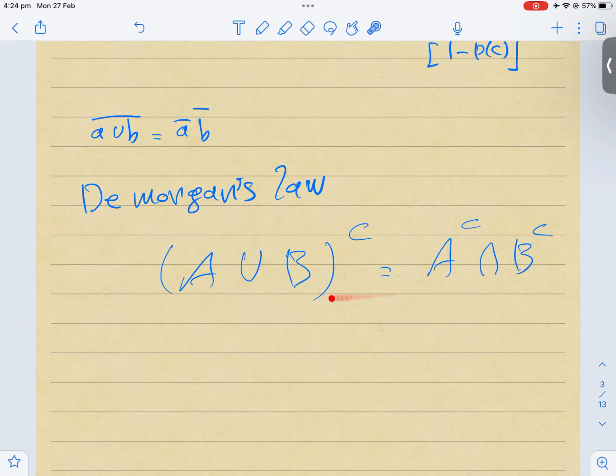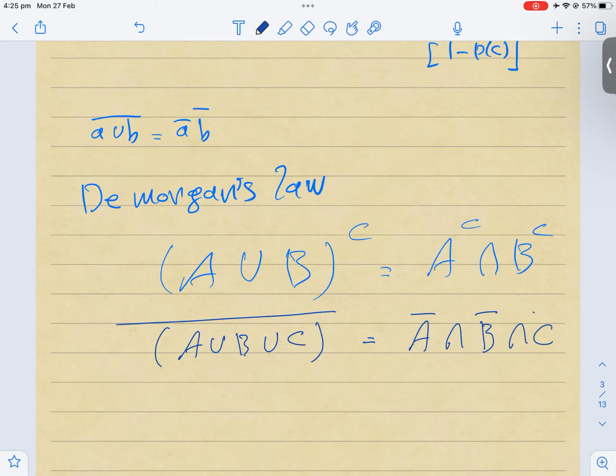So we have De Morgan's law. Therefore you can write it for the triplet as well: A union B union C complement equals A bar intersection B bar intersection C bar.